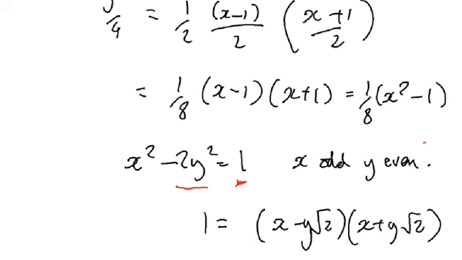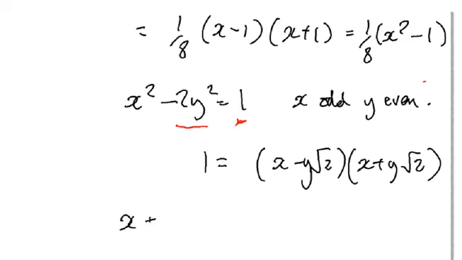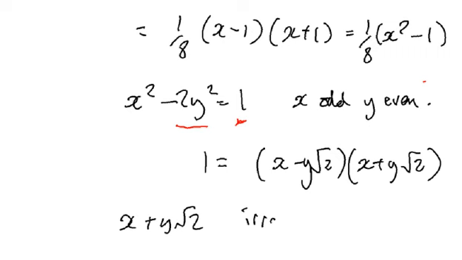Now, remember, root 2 is irrational. So if x and y are integers, and root 2 is irrational, we know that x plus y root 2 is always irrational. If it weren't irrational, then root 2 would not be irrational. We know that it is.